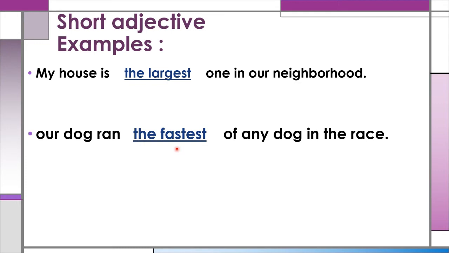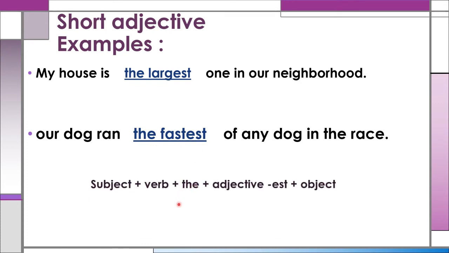We form it by adding the before the adjective, then adding the suffix est to the adjective: the fastest. So the form of the superlative adjective with short adjectives is subject, verb, the adjective with this suffix, then the complement.